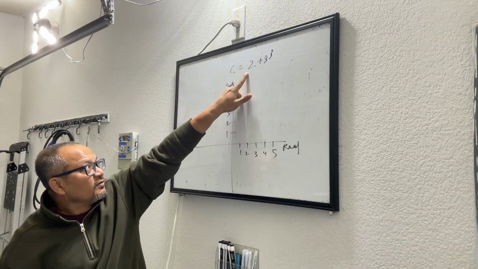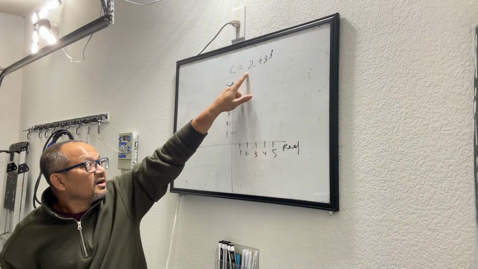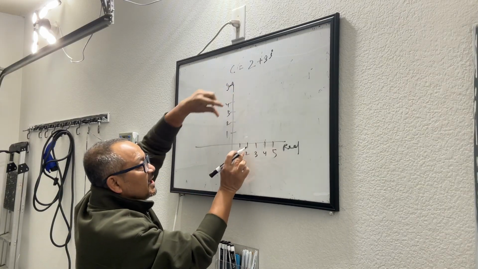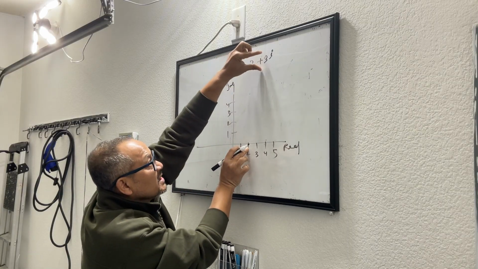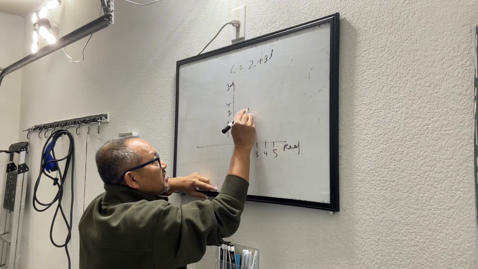When I try to visualize this complex number in this complex plane, along the real axis the value is 2, and along the imaginary axis the value is 3. So that means I'm talking about a point here.